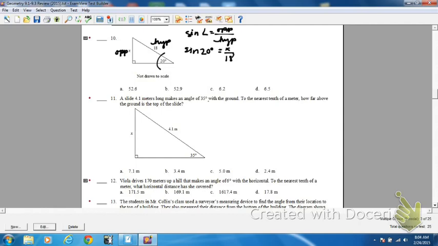We don't have to flip the fractions this time because we already have x in the numerator. We can just multiply by 18. And so in your calculator you're going to take 18 times sine of 20 degrees, which is 6.2.